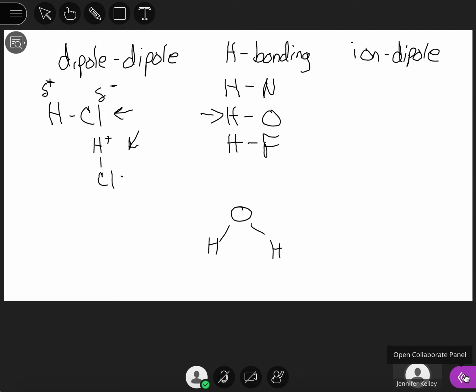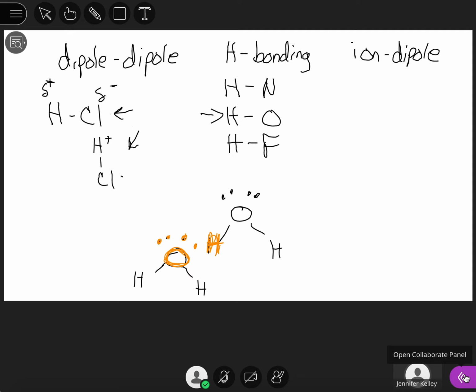So that's going to tell me that I'm going to have hydrogen bonding when I have water. And all that means is that the hydrogen of one is going to be attracted to the oxygen of the other, like that. So this hydrogen is going to be attracted to this oxygen because it has all these lone pair electrons on it.